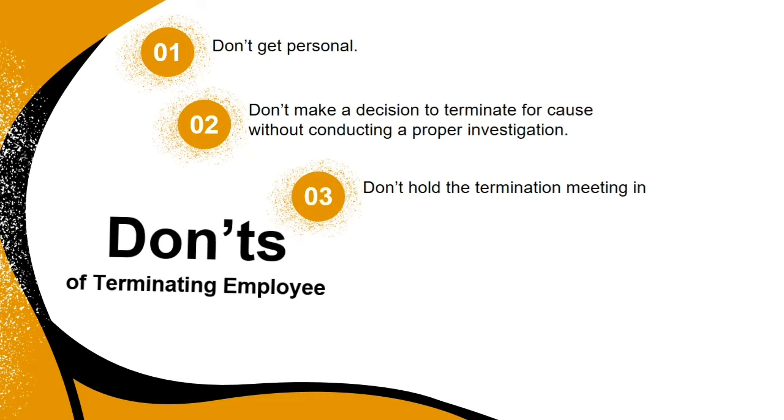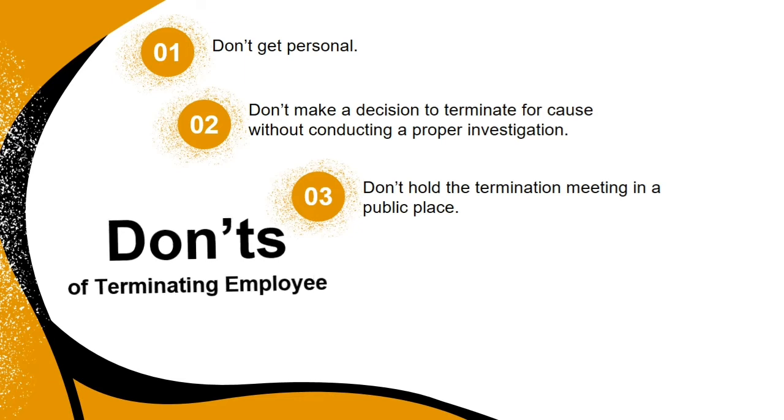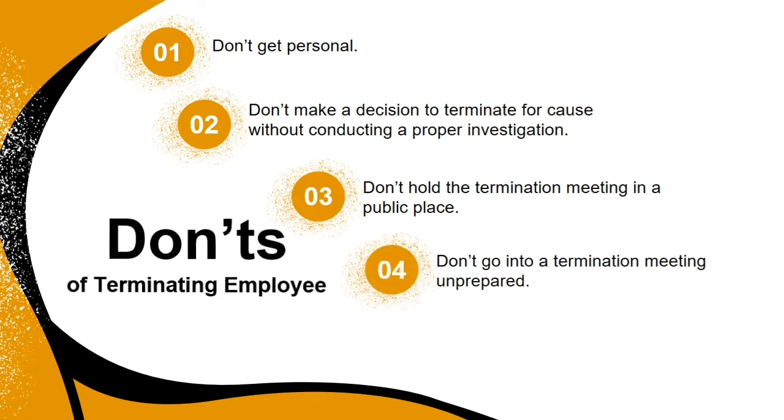Then the third is don't hold the termination meeting in a public place. Yes, that is a big no. You have to keep it as private as possible to protect your employee and the company as well. Then the fourth one is don't go into a termination meeting unprepared.